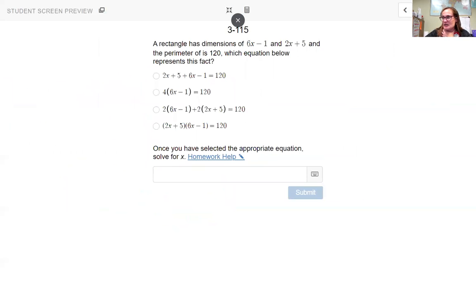Right, page 16. A rectangle has dimensions of 6x minus 1 and 2x plus 5, and the perimeter is 120. So which equation below represents this fact? So let's see. We know that to get the perimeter of a rectangle, we have to add all the sides together.